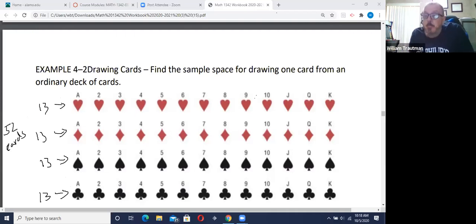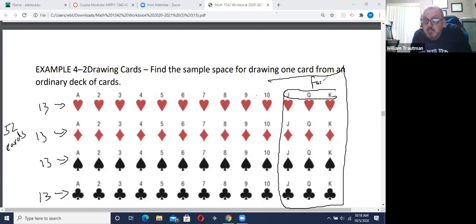Now, in the book and in the homework, they're going to say face cards. These are all face cards: jacks, queens, and kings. Because when you look at a card, a jack has a picture of a man on it, which has a face.